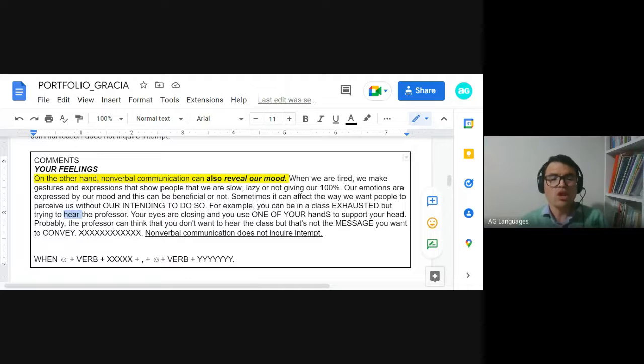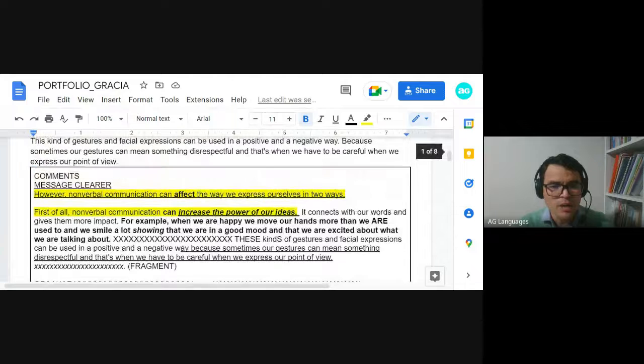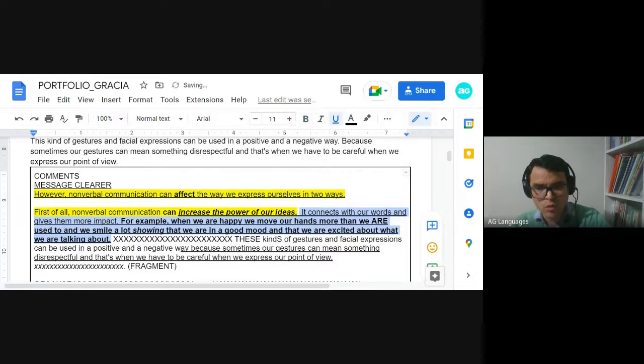Okay, so we have some problems here. Here, the student is introducing the topic sentence and saying that all of this is about what? Revealing your mood. The previous one is about increasing the power of your ideas. Body language, nonverbal communication can increase the power of your ideas. This is the only relevant part of the whole paragraph. So we need to improve that.